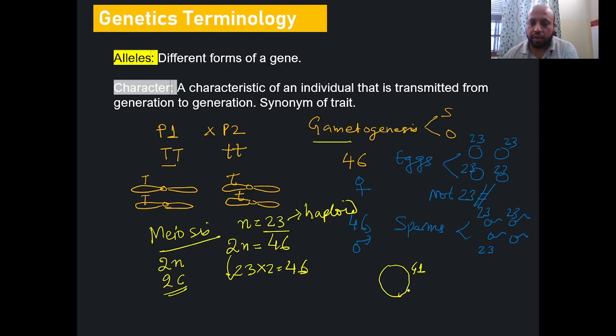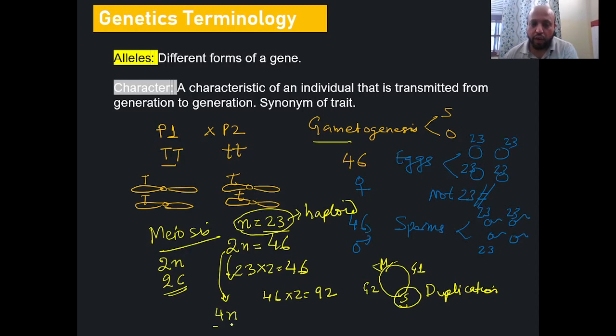So there is G1, there is S, there is G2, and then the actual process of mitosis or meiosis takes place. In the S phase, there is a duplication of the genome. It means if there are 46 chromosomes, they will initially become 92. So this 2n number, because if you remember the n number here is 23, will now become 4n.